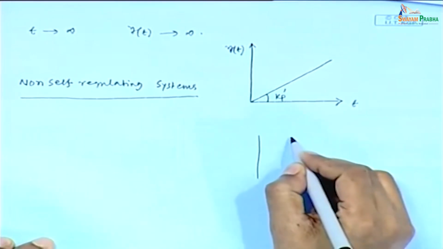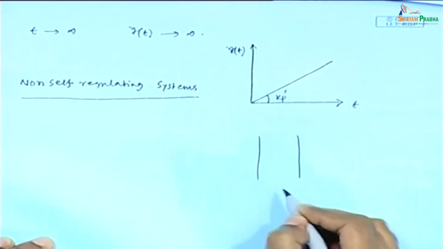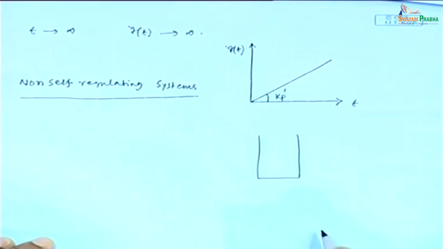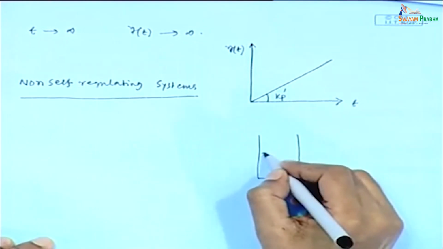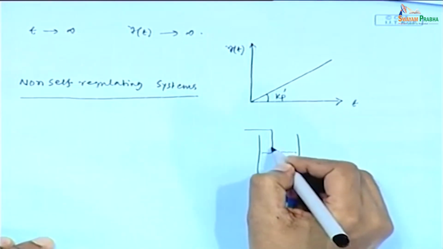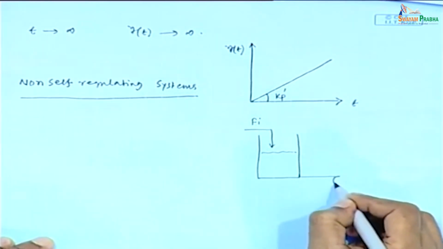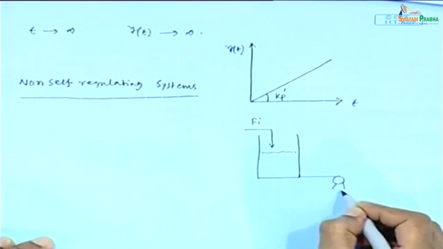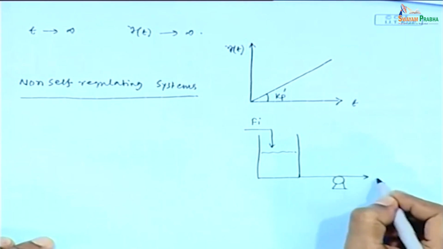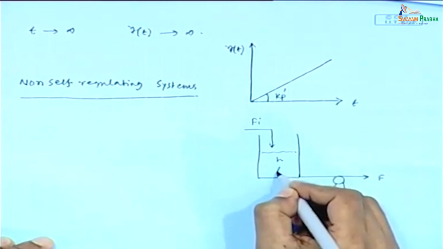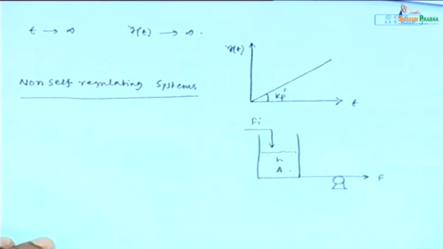Question is why? To explain this concept, we will consider one liquid tank system. In fact, we have considered this earlier also. One constant displacement pump is installed here, fine.